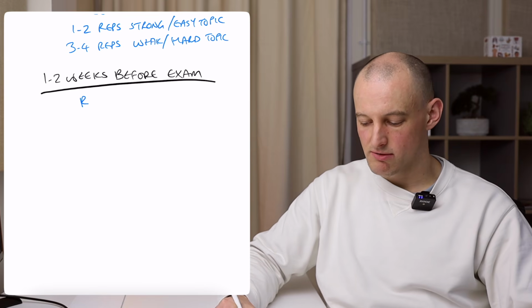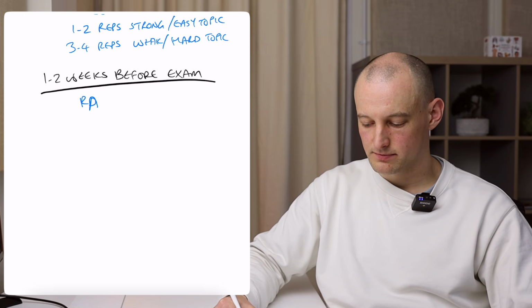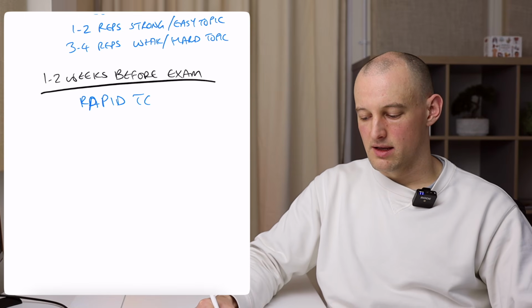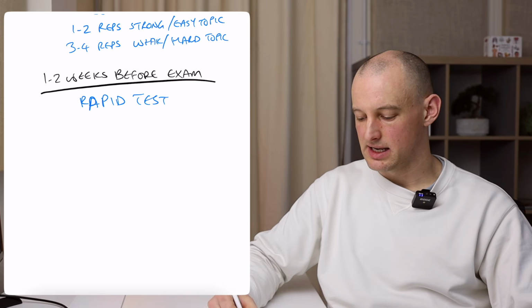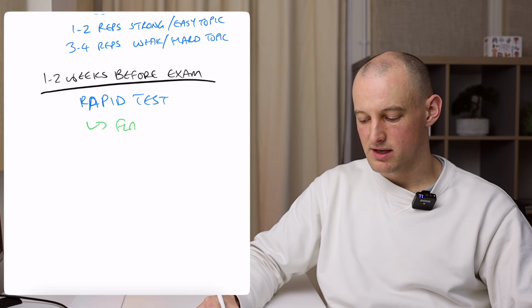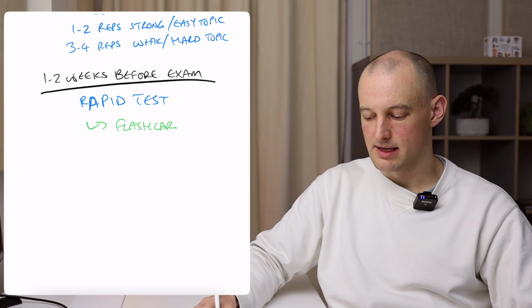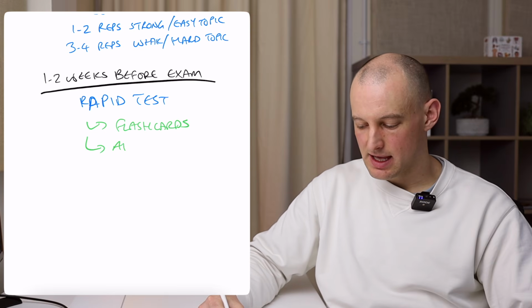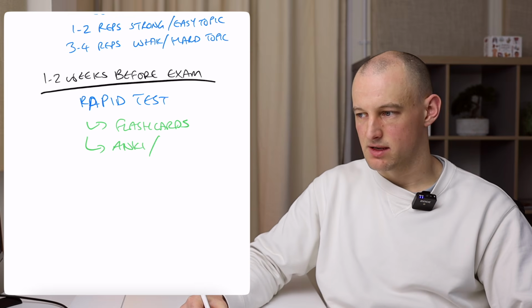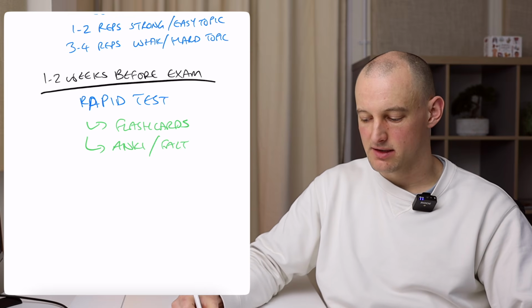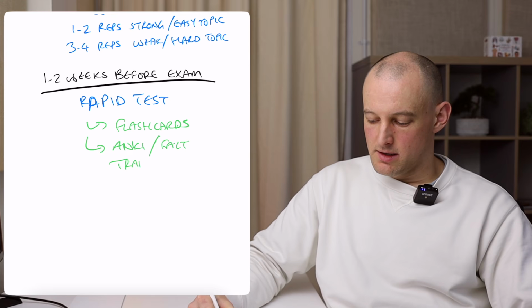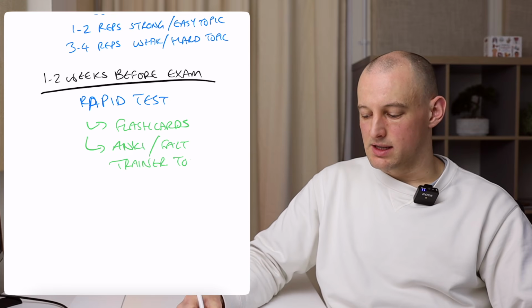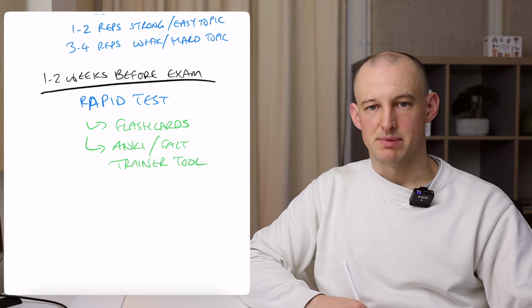And you just start doing rapid testing. For rapid testing, I recommend you can use flashcards, like the Zero to Finals flashcards, and things like Anki or the Fact Trainer tool on the Zero to Finals members site.